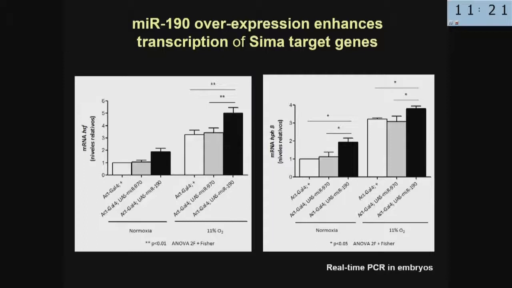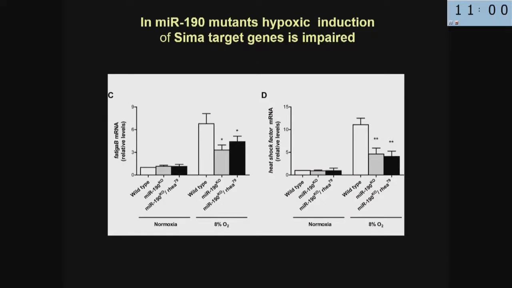These are two genes: this is the Hitchcock factor and another gene called HPHB. As you can see here, when we overexpress miR-190, they are upregulated in both cases.